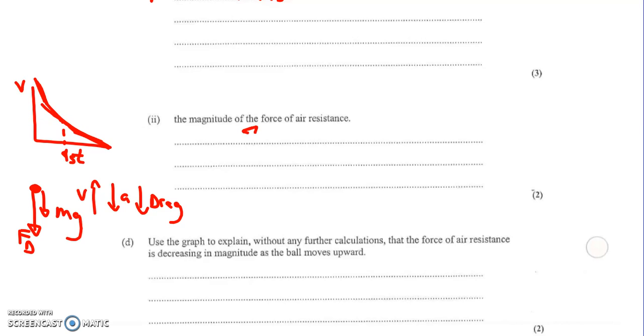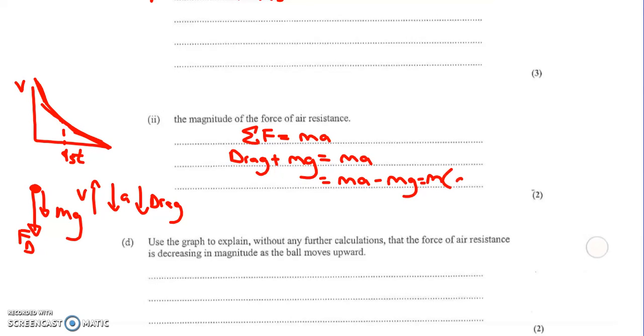If I sum my forces and set that equal to ma, I have drag plus mg, plus because they're going in the same direction, equals my ma. If I subtract the mg over, I get ma minus mg, which if I pull out an m, is m times a minus g, and that is equal to my drag force.